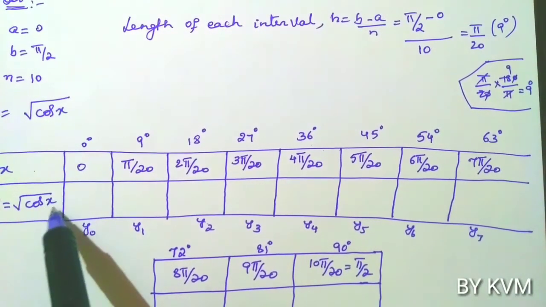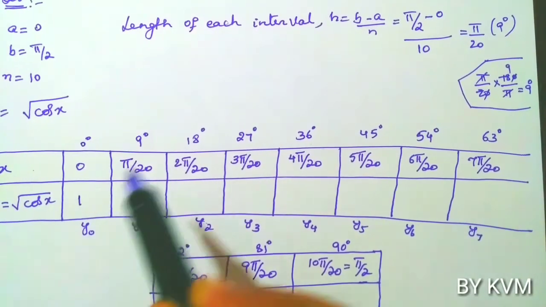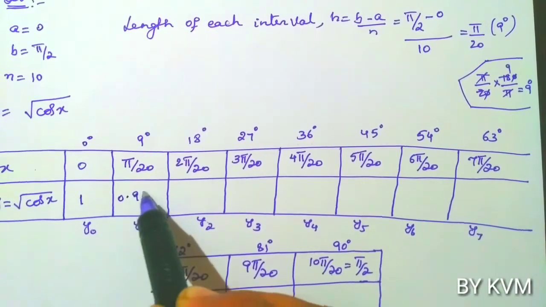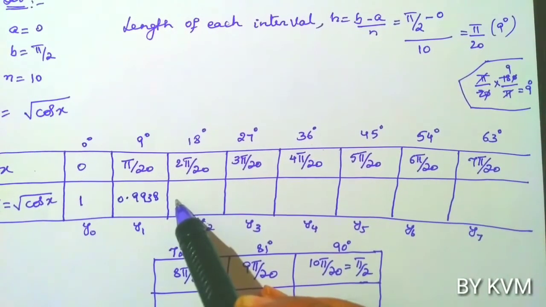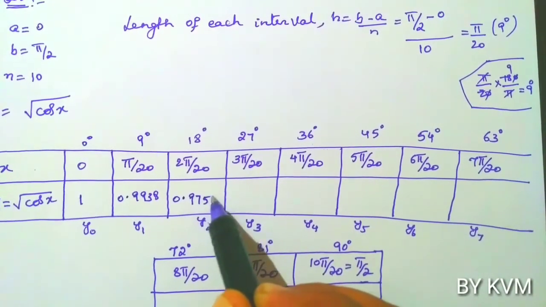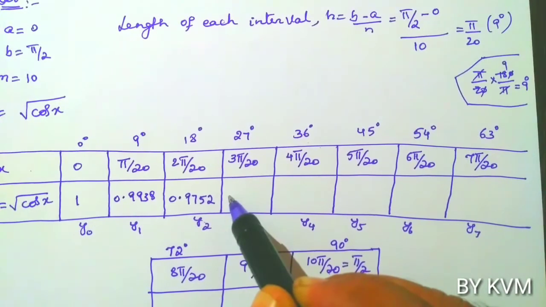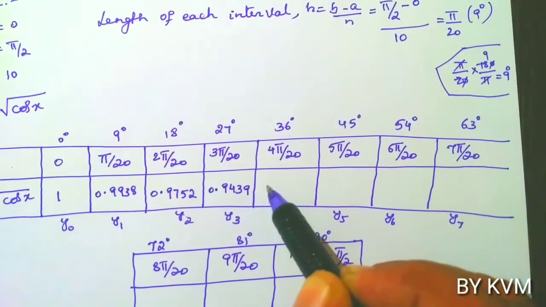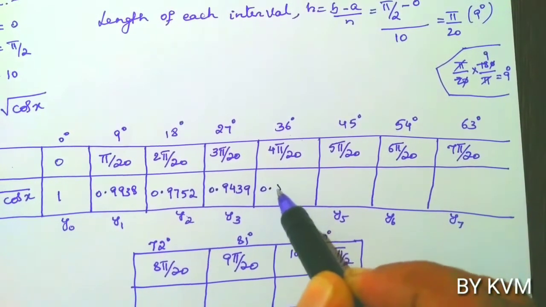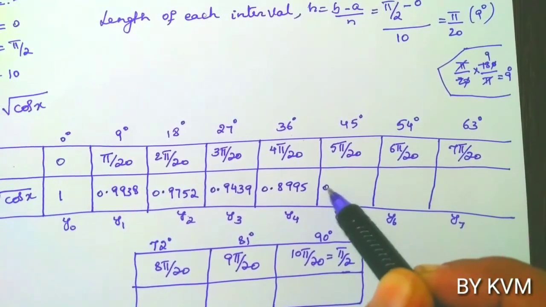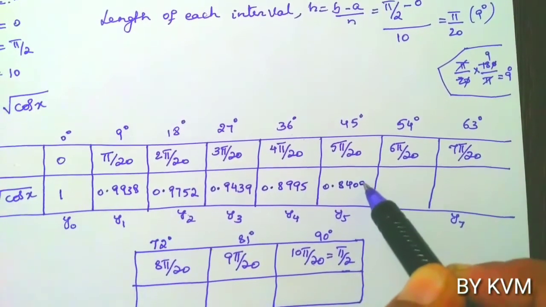Square root of cos 0 is 1. Then square root of cos pi by 20 is 0.9938. Square root of cos 2 pi by 20 is 0.9752. Square root of cos 3 pi by 20 is 0.9439. Square root of cos 4 pi by 20 is 0.8995. Square root of cos 5 pi by 20 is 0.8409.